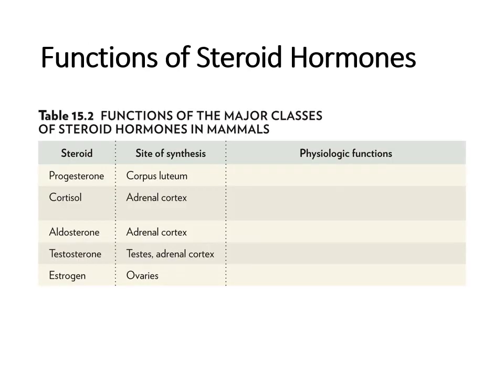So, some of the really common steroid hormones that you hear the names of are progesterone, cortisol, aldosterone, testosterone, and estrogen. The first one, progesterone, is very important in terms of menstruation and development of mammary tissues.